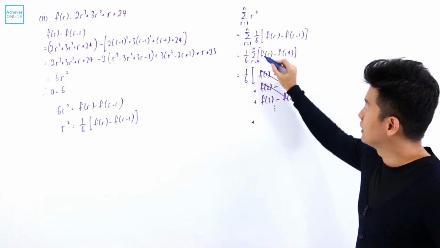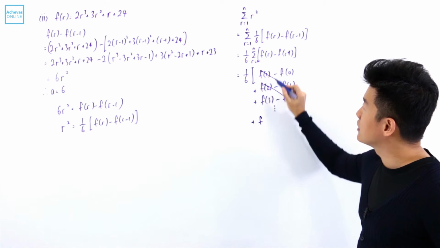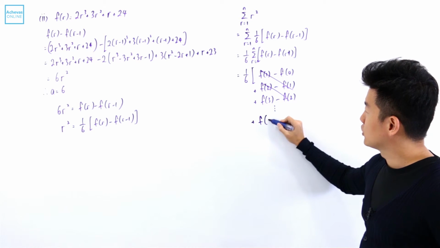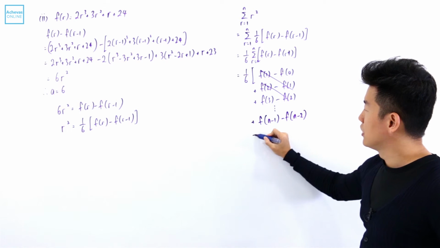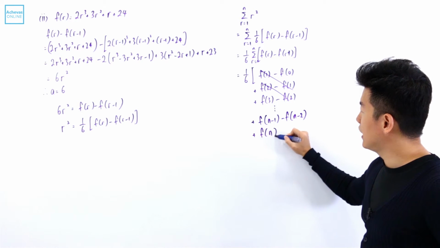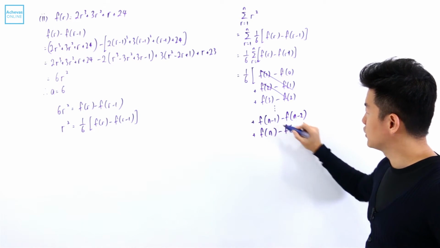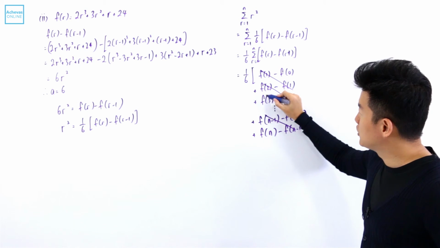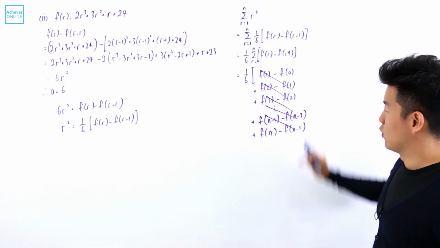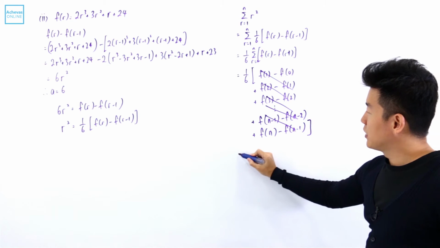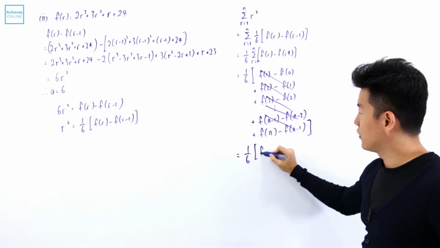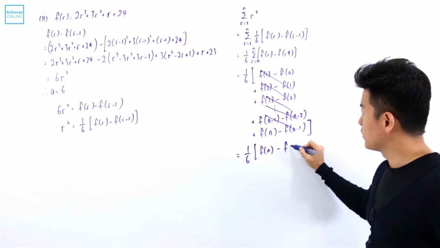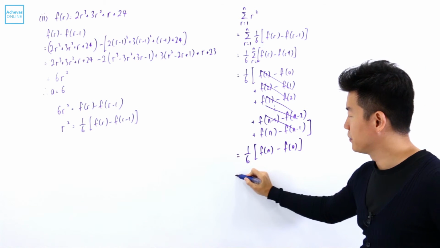So the second last row is when r is equal to n minus 1. So this is f(n minus 1) minus f(n minus 2). Then plus f(n) minus f(n minus 1). It is that same pattern, which means that in between here, all will be cancelled. So what I'm going to be left with is 1 over 6 of f(n) minus f(0).